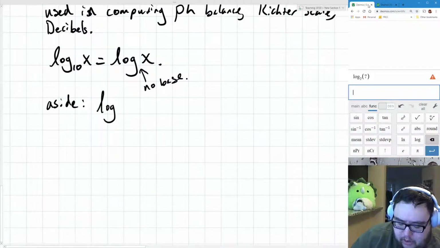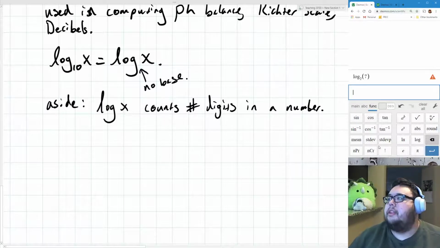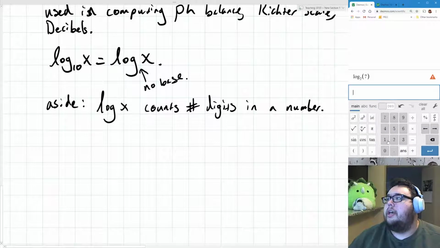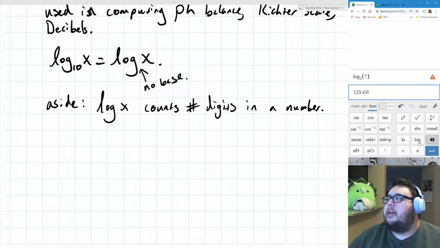Okay, and so as an aside, log of x counts the number of digits in a number. For instance, if we take the number, let's say 123456, that's a 6-digit number, and then we take the log of that, it is 5.0915.